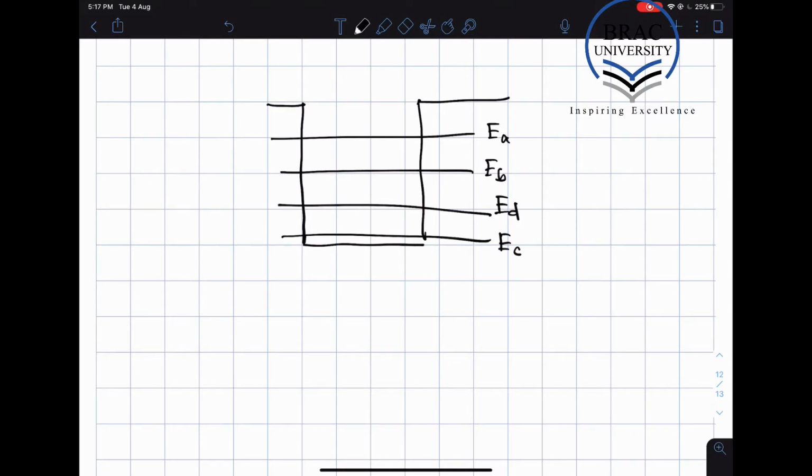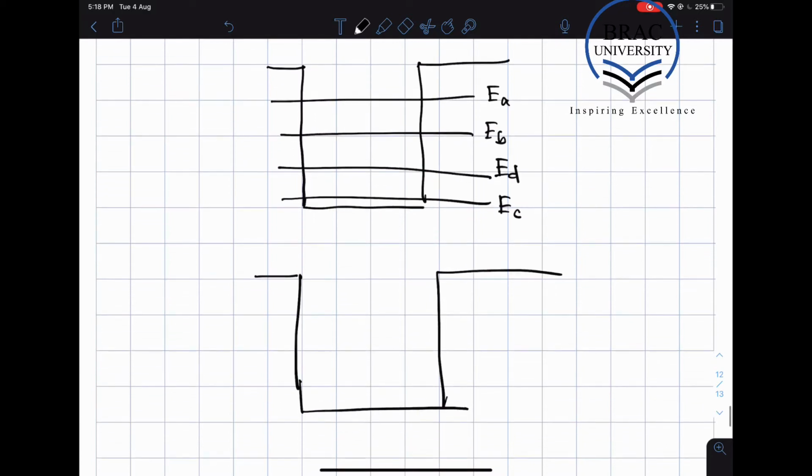And then let's sketch the wave functions. Let's sketch the wave function for EA. EA is quite high as an energy, and therefore the wave function in region 1 will have quite a bit of curvature.